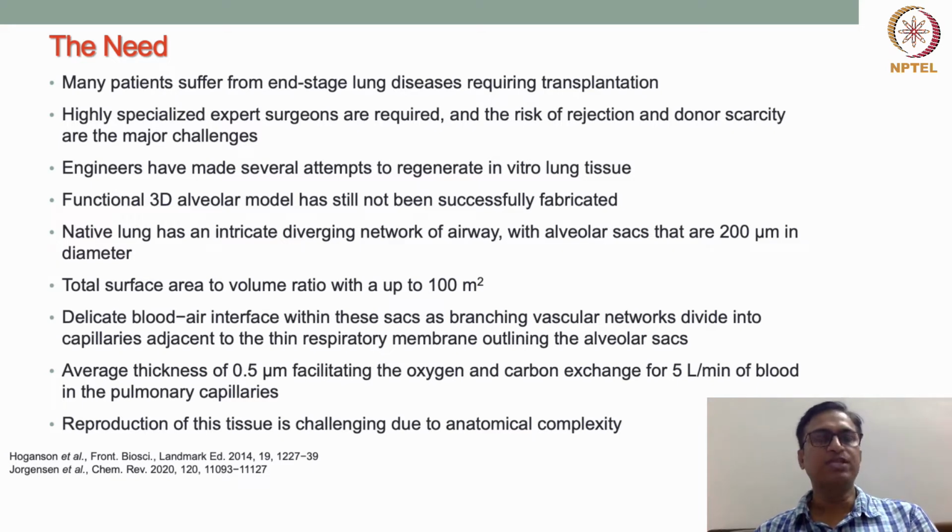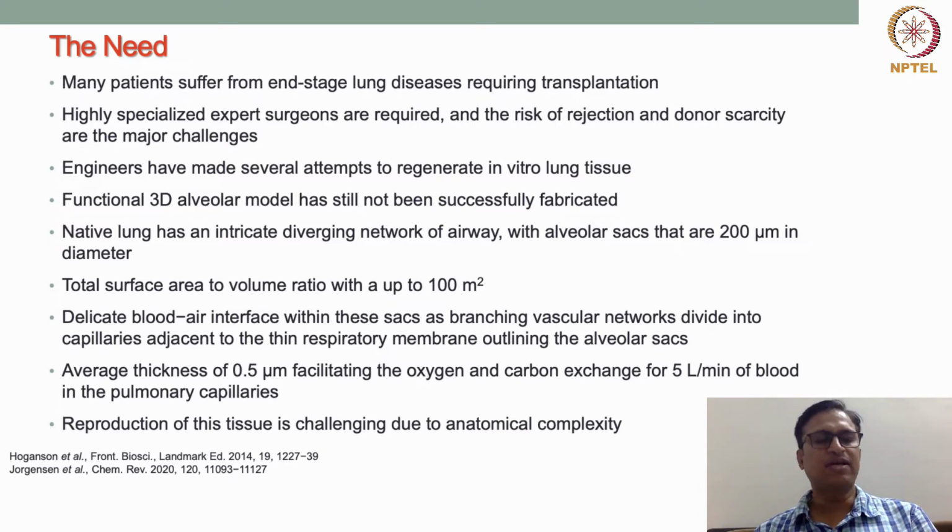The average thickness of this respiratory membrane is very fine, about 0.5 micron. That facilitates oxygen and carbon dioxide exchange at 5 liters per minute of blood in the pulmonary capillaries.